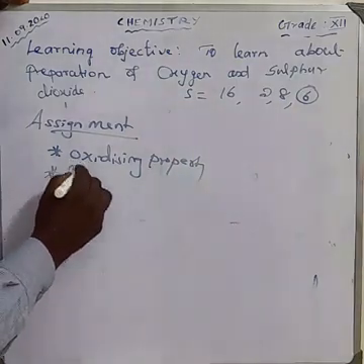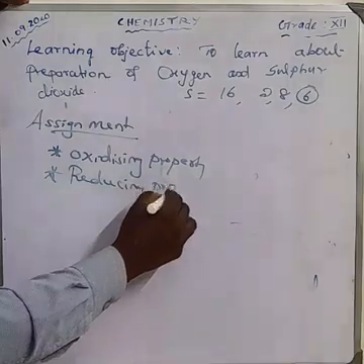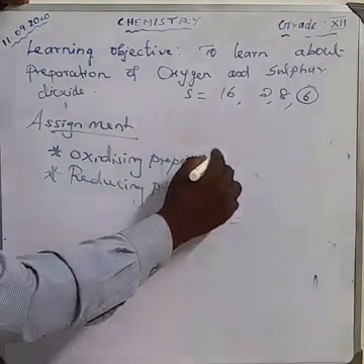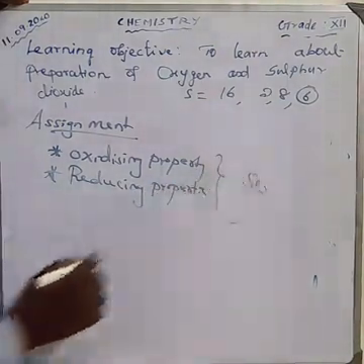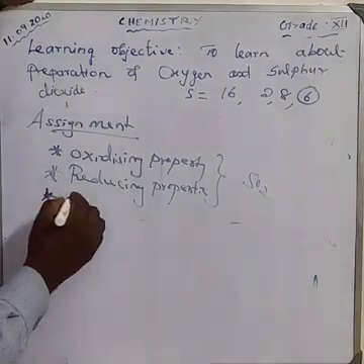Next page, reducing property. Oxidation property of sulfur dioxide, reducing property of sulfur dioxide, the 3 equations, and also the structure of SO2, and the structure of ozone.